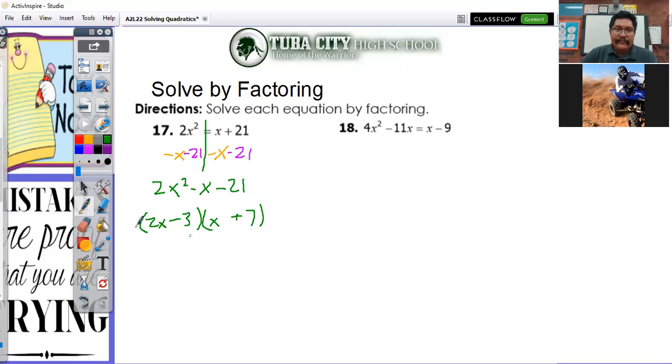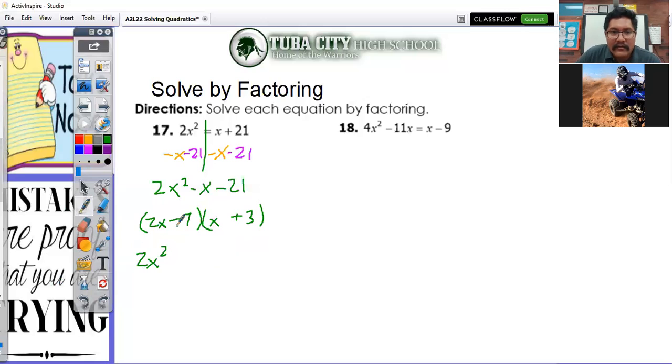And let's try it out. 2x times x is 2x squared. And 2x times 7 is 14x. Inside is negative 3x. And this is not going to work out. So we're going to need to switch something. So let's switch 3 and 7. So 7 and 3. And see if this works out.